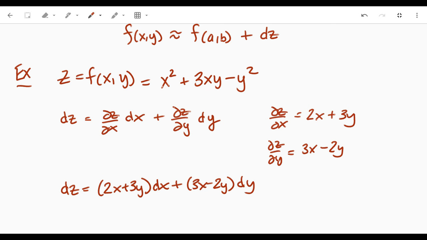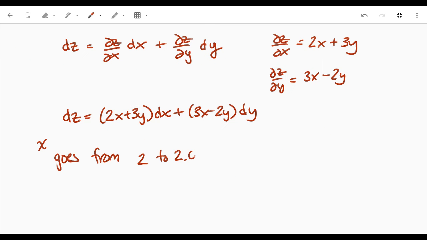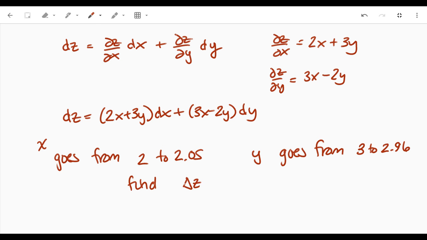Okay, so now what we can do here is, instead of finding the equation of the tangent plane, we can just use our differential here. Okay, so let's say that x goes from 2 to 2.05 and y goes from 3 to 2.96, and we find delta z and dz.